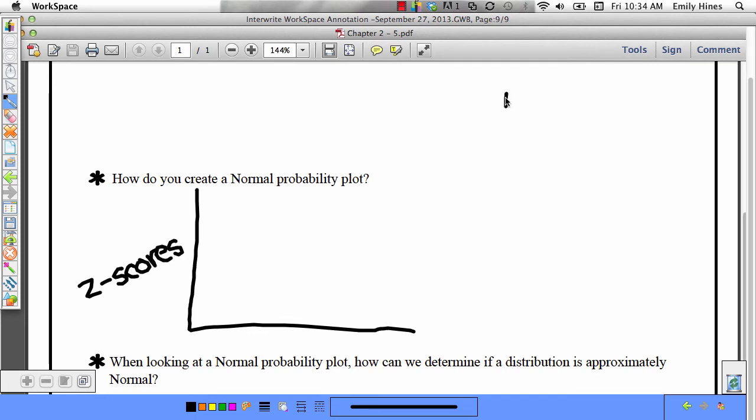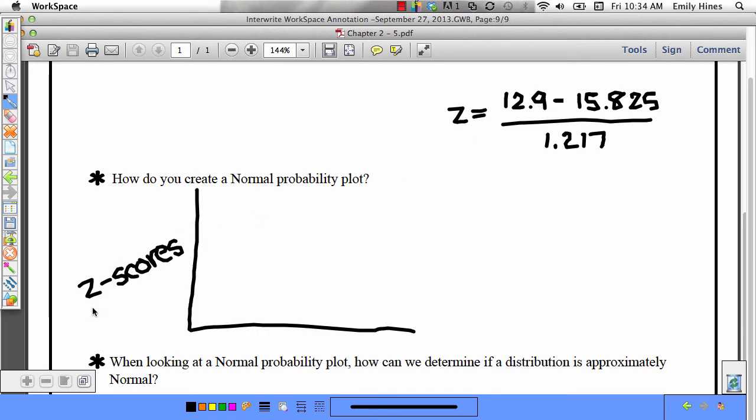So for, say, 12.9, I'd take 12.9 minus the mean divided by the standard deviation, and I would get a z-score. Whatever that z-score was, I would graph it with the z-score on the y-axis and the data on the x-axis. So I would go to wherever 12.9 was, go up, and put a dot.